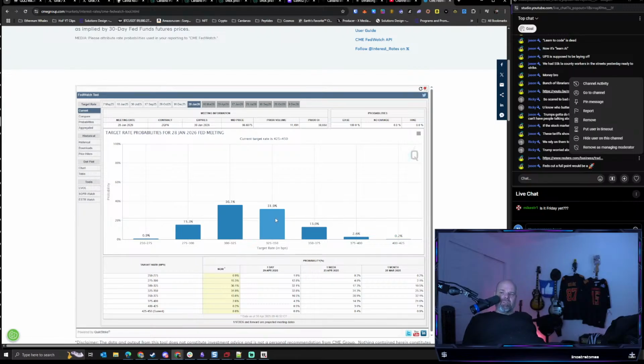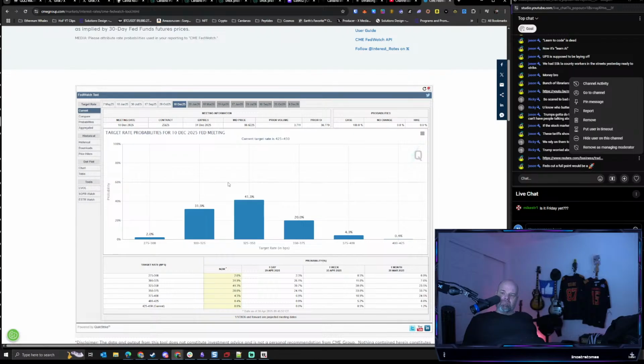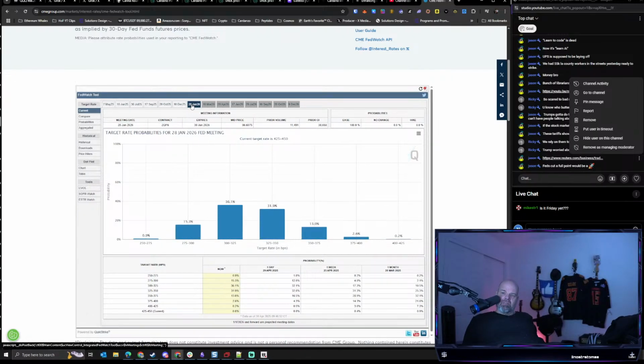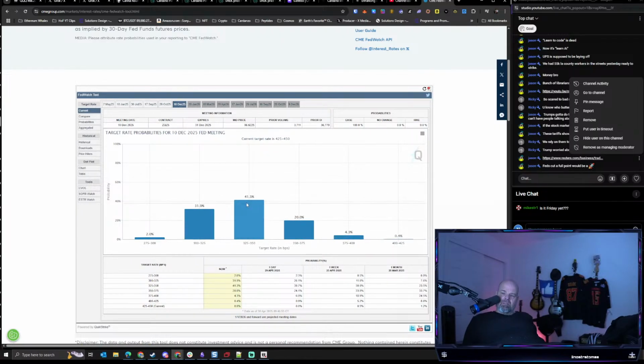There's a 31% chance of that being true right now. This says 41% chance by December, though. Make that make sense. So there's a 41% chance of that being a point cheaper by the end of the year.